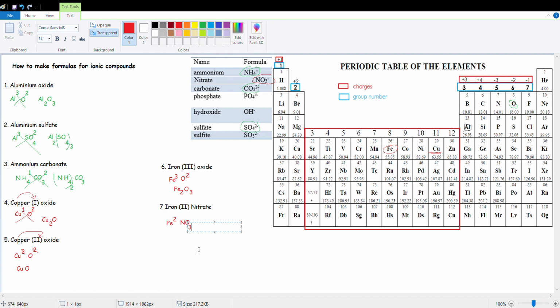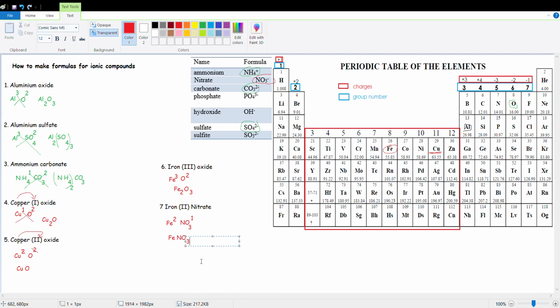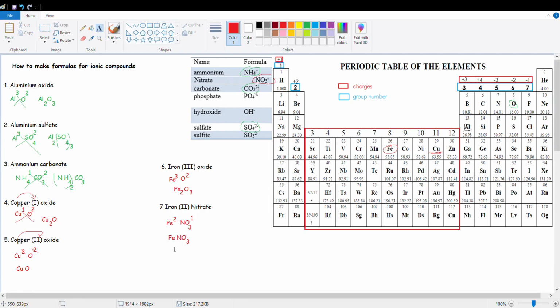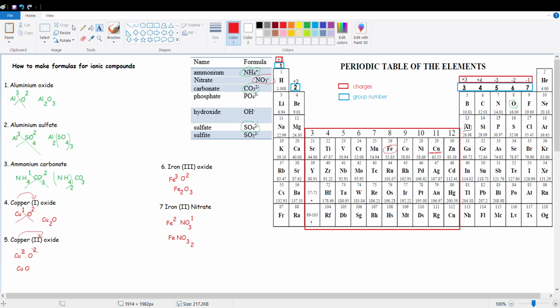And of course, because charge is 1, because minus only means 1 is there, so again we use crisscross method, and Fe and NO3. And because this 1 comes over here, we don't write 1, but the number with Fe is 2, so we write 2 here. Again we have to separate it out, and I mentioned that thing, we need to separate out by a bracket. So Fe(NO3)2. That's the formula.